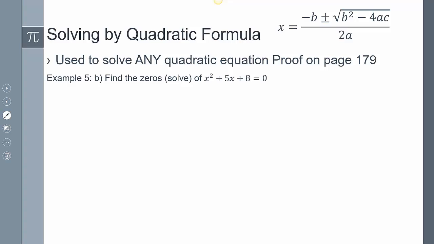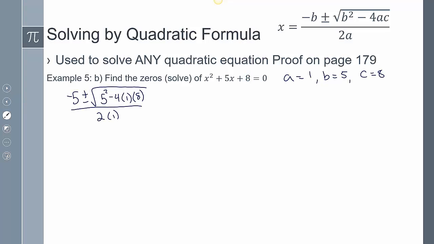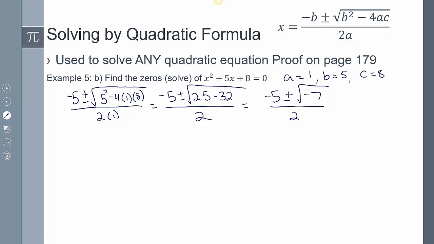For the next one with the quadratic formula, identifying a, b, and c, my a is 1, my b is 5, my c is 8. Then you just plug them in. Once they're plugged in, it's all simplifying. So this right here is negative 32, this is going to be 25, and then 25 minus 32 is negative 7. Well, that's going to be an imaginary value, so I'm going to say root 7i.